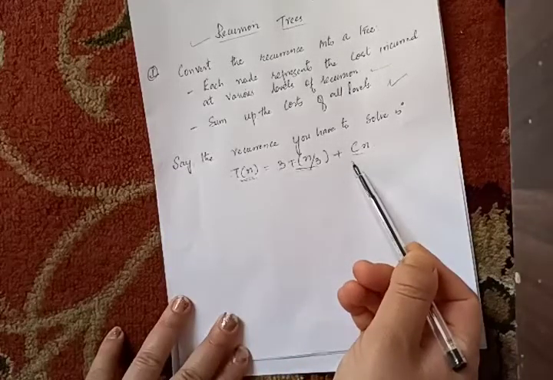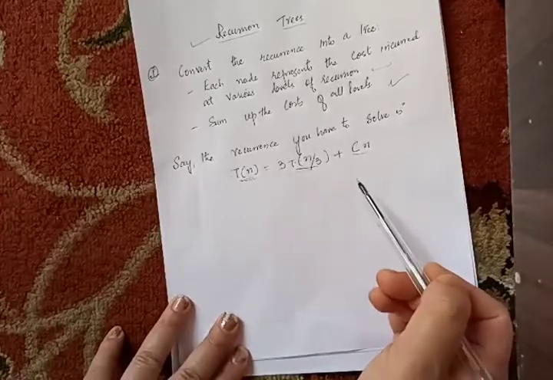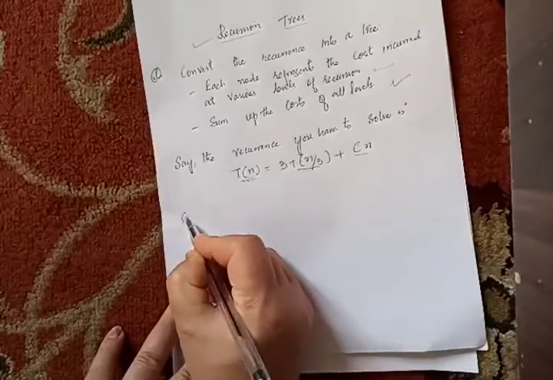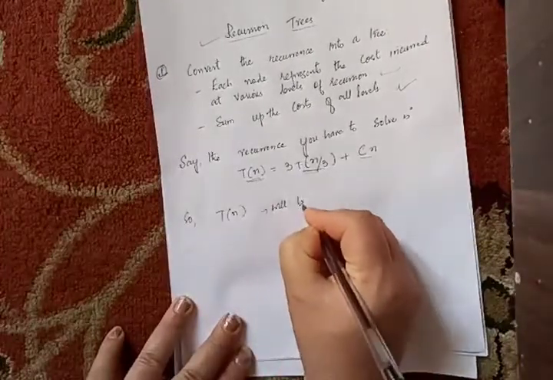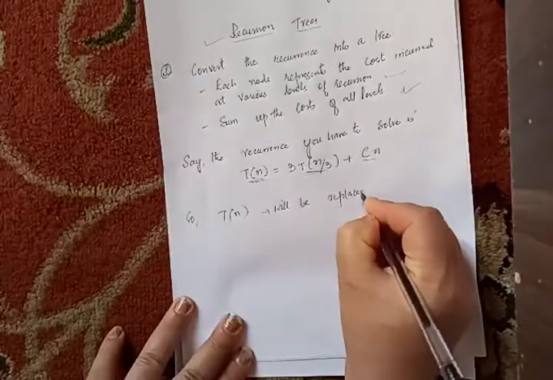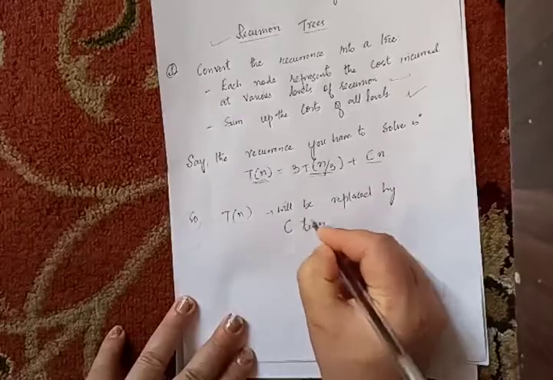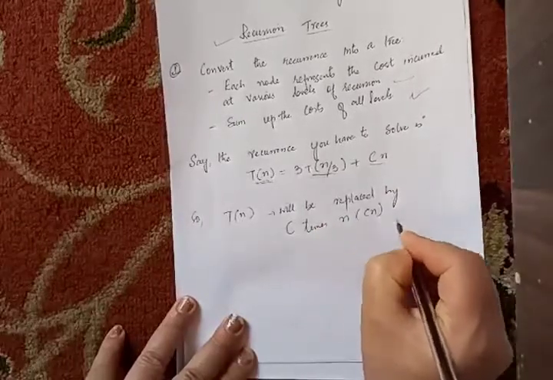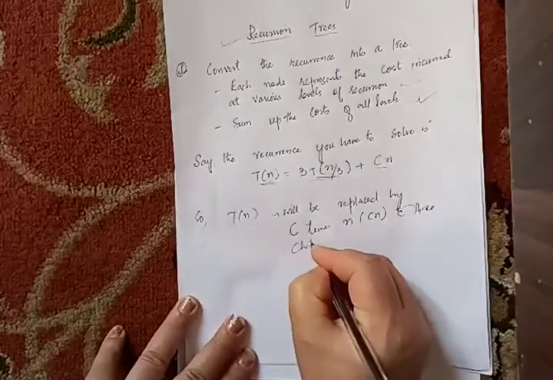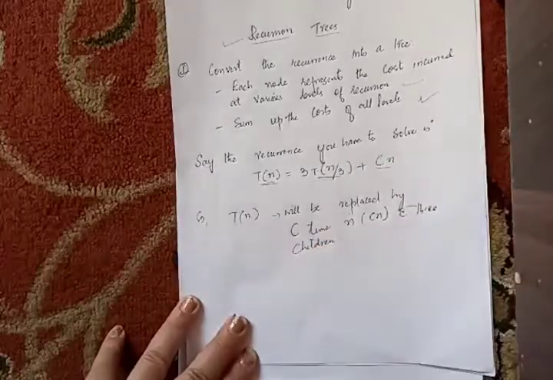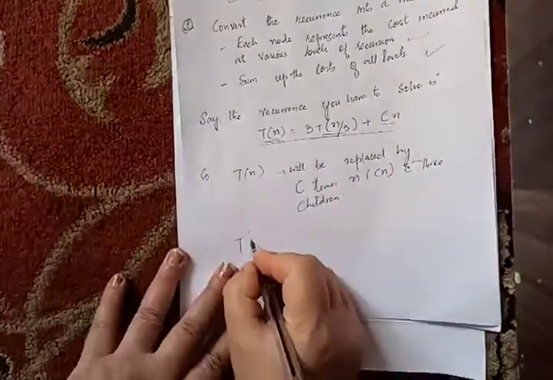But we don't simply write the right hand side as a linear equation, we show it diagrammatically. So this T(n) will be replaced by c·n with 3 children.